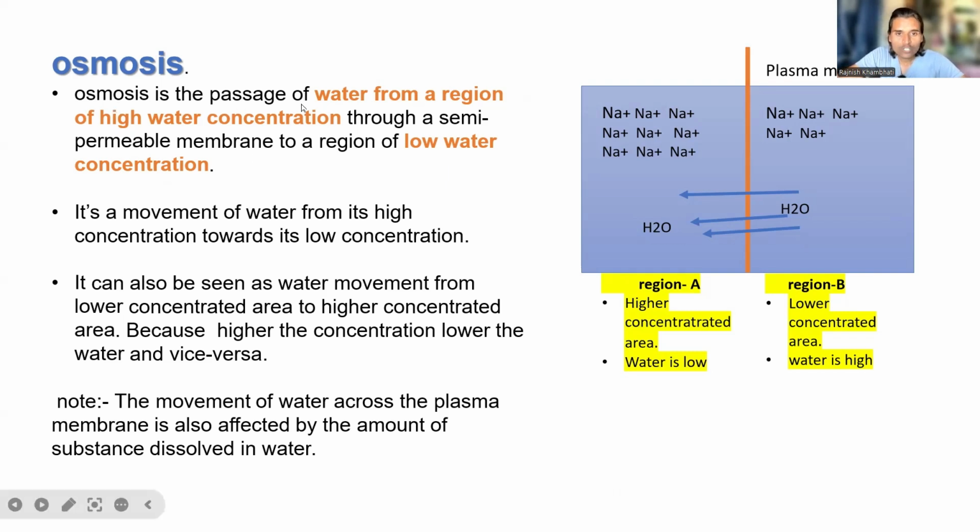Osmosis is the passage of water from a region of high water concentration through a semi-permeable membrane to regions of lower water concentration. I can also write it like this: it is a diffusion of water.